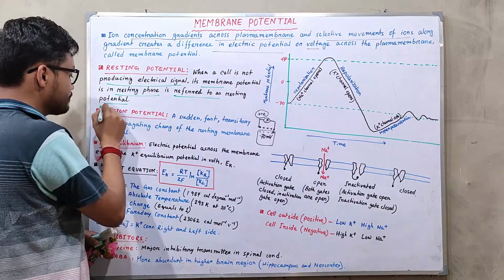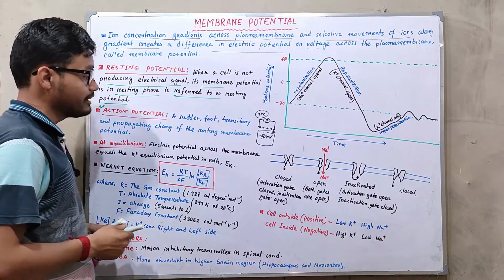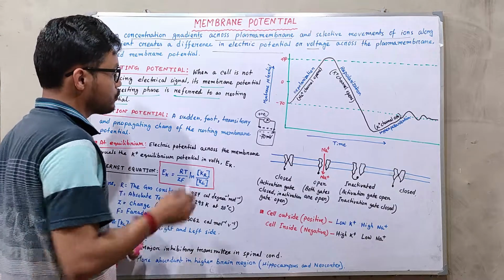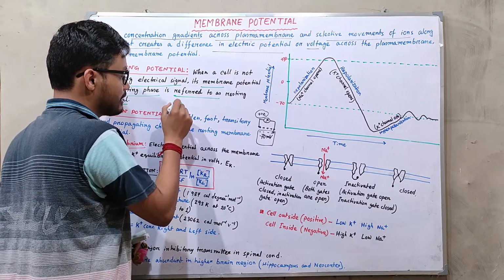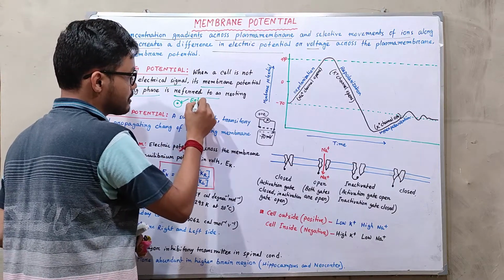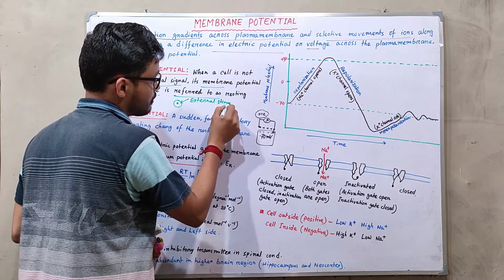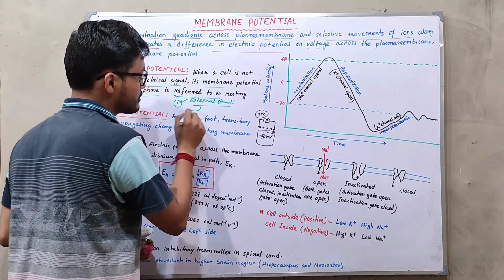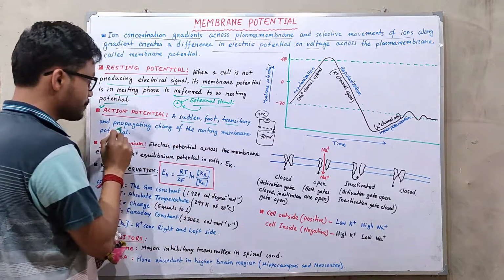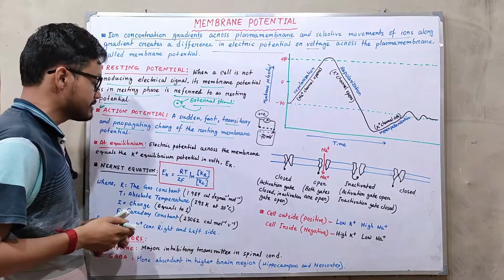So what is the action potential? A sudden, fast, transitory and propagating change of the resting membrane potential is known as action potential. Whenever a particular cell is stimulated by an external stimulus, this sudden, fast and transitory propagation of the change of the resting membrane potential is known as action potential.